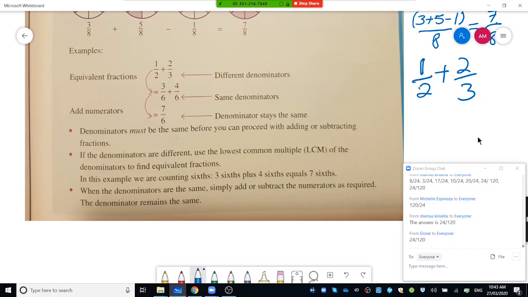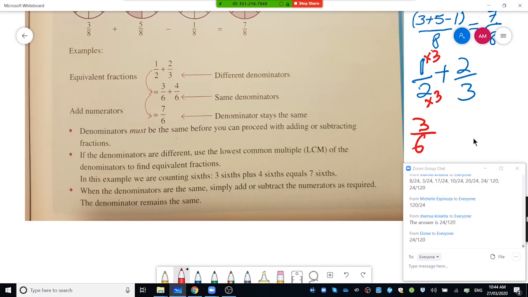So if we, let me take a red color, if we time this by 3, whatsoever you time in the numerator, you have to time the same at the denominator also. So this becomes 3 over 6.